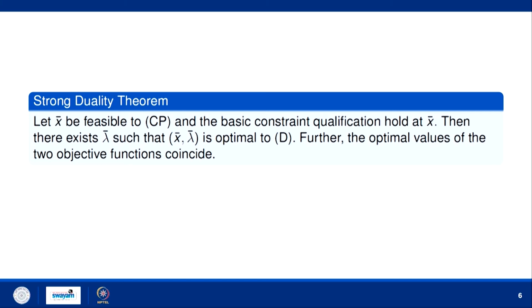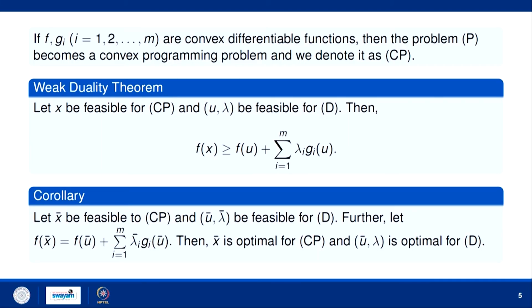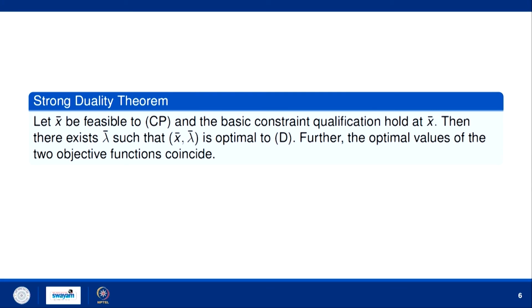So, basically the weak duality result is helpful in finding the bounds of the primal or the dual problems. And the strong duality result guarantees the optimal solution of one problem if we have the optimal solution of the other. If we have the optimal solution of the primal problem, then there exists an optimal solution of the dual problem and the objective values of both are equal.